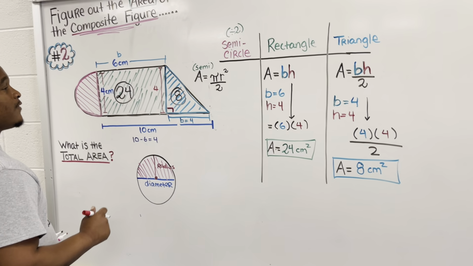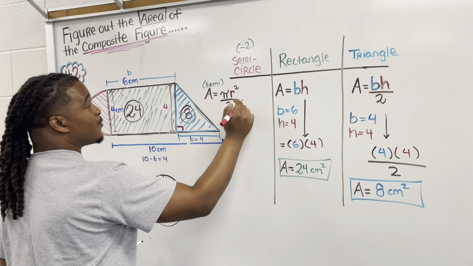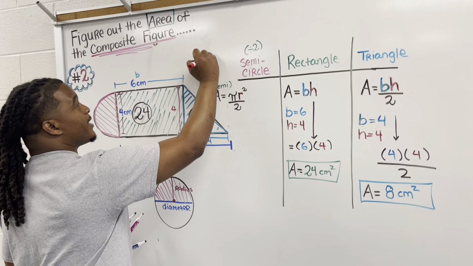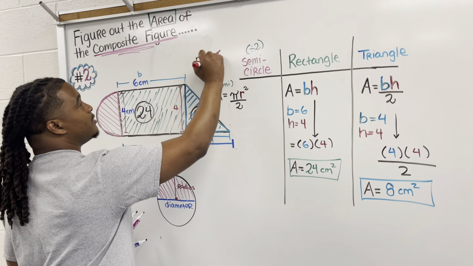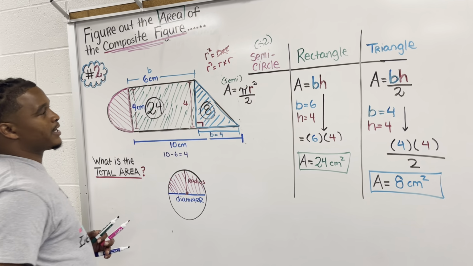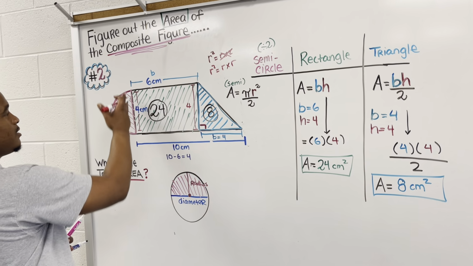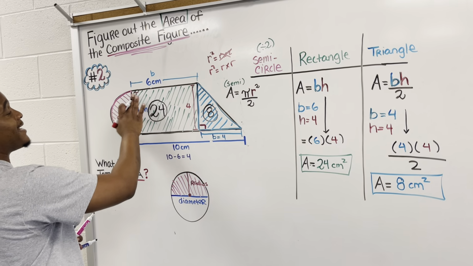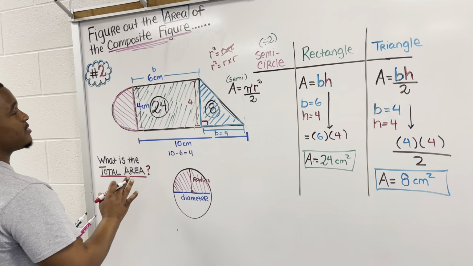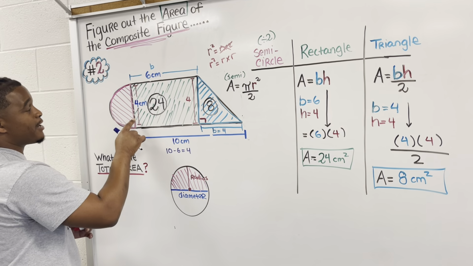First of all, we have a radius squared, and radius squared does not mean radius times 2. It means radius times radius. But we can't identify the radius yet from the semicircle, because so far they've given us a diameter.